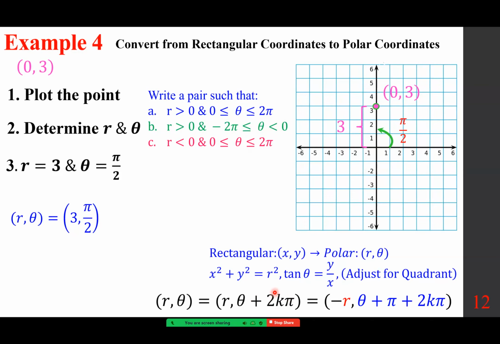It's the same thing conceptually. So I'm going to subtract 2 pi in essence. When I subtract 2 pi from this, it gives me part B. So pi over 2 minus 2 pi is negative 3 pi over 2. So that's part B.